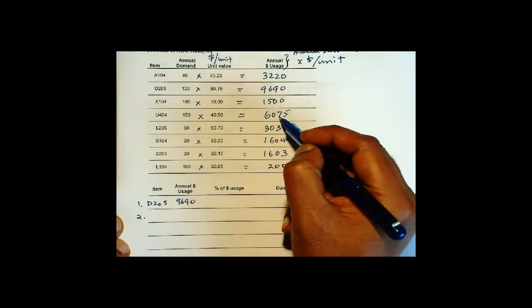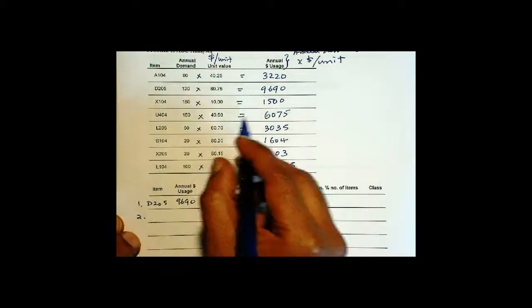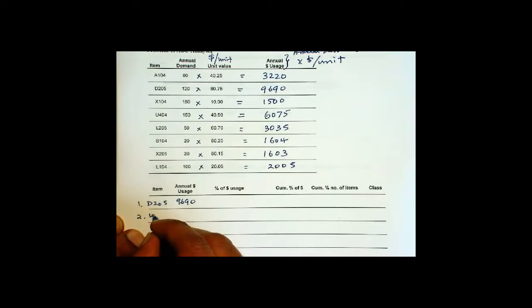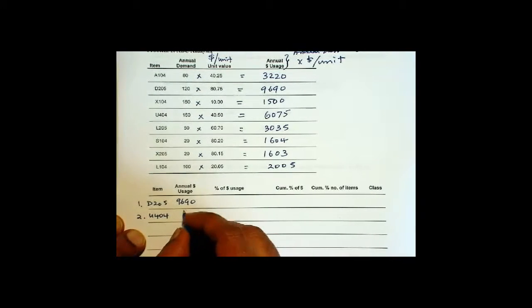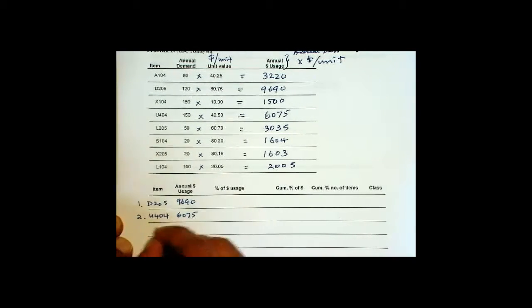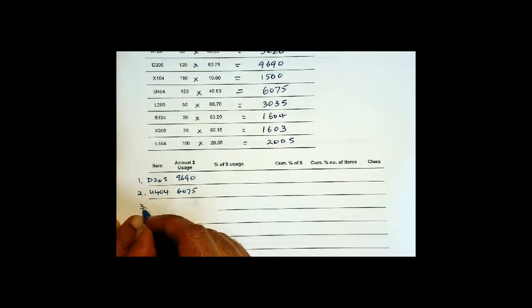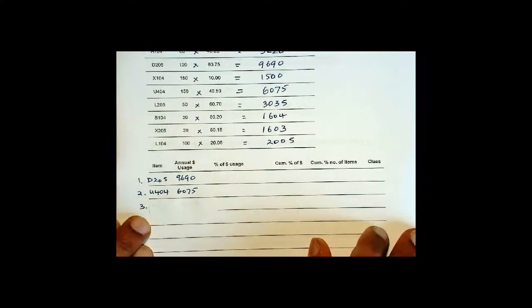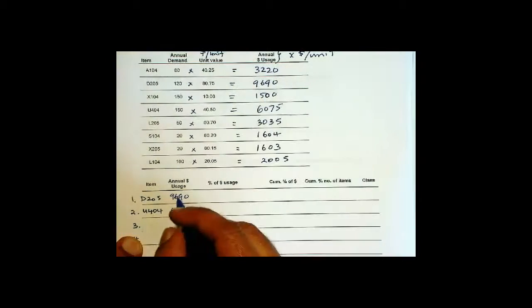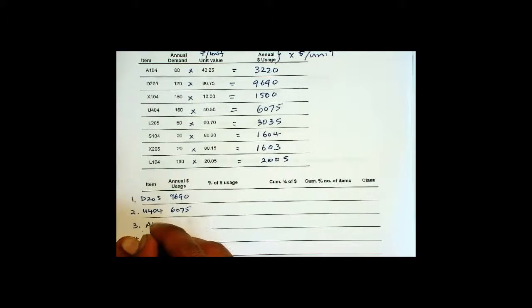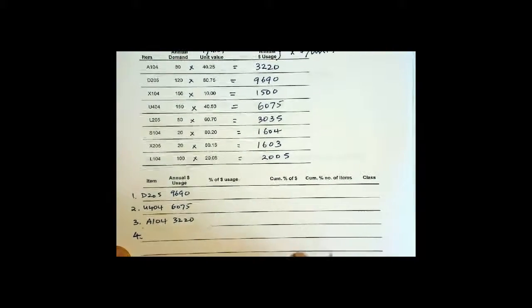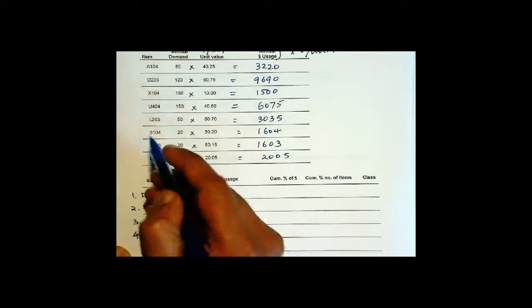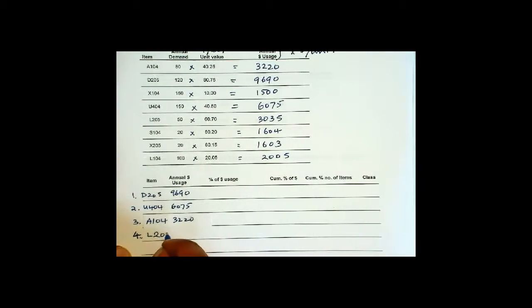Then the next largest is 60.75, so that is U404 is 60.75. Next is 32.20, so that is A104, 32.20. Then the next item is L205, 30.35.